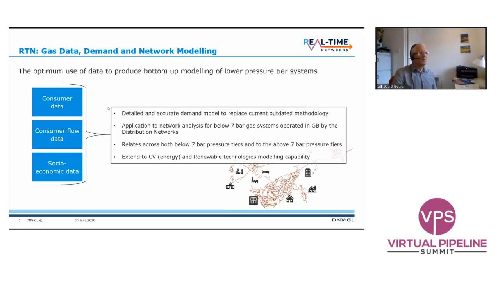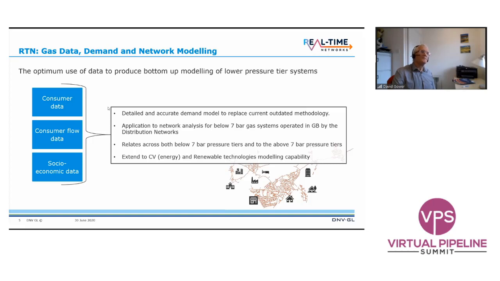This was the key purpose of the project, to arrive at a detailed and accurate demand model that would replace the current system being used by gas distribution networks across the UK.